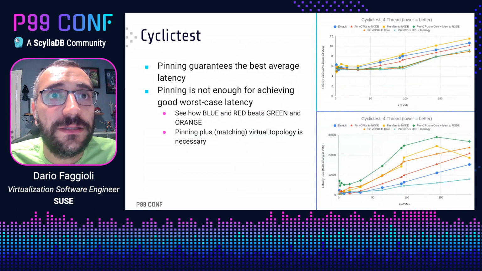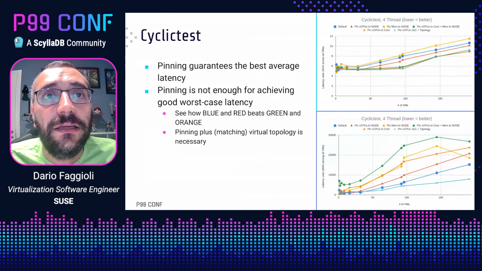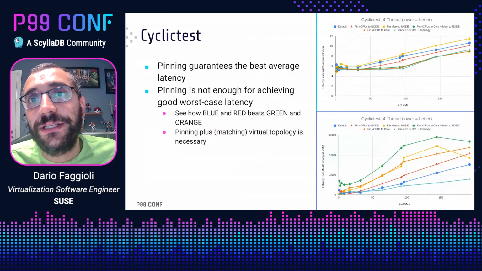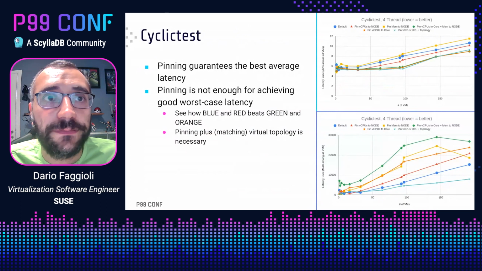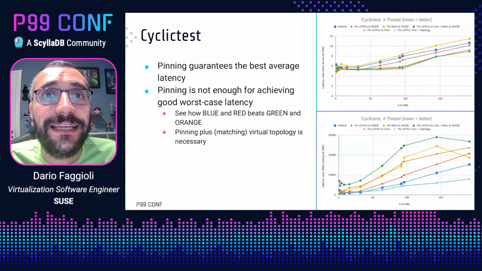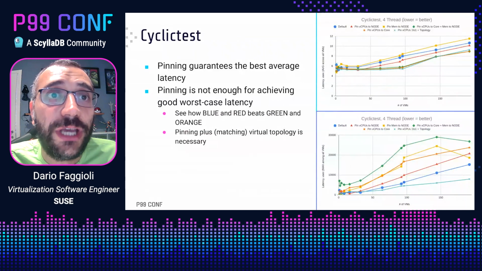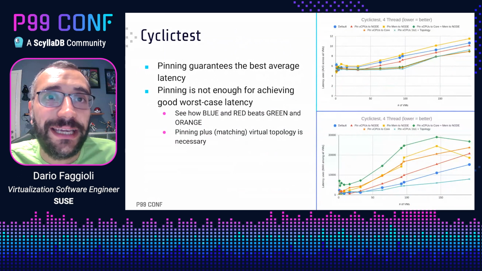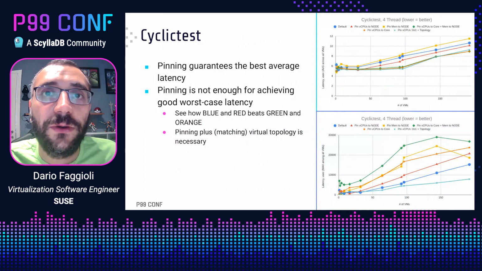Looking at maximum latency, however, we see that one-to-one pinning is by far the winner, especially when there are a lot of VMs. Check though how bad the other strict pinning based configurations are, and check how not too bad default is again, although it degrades fast when load increases.